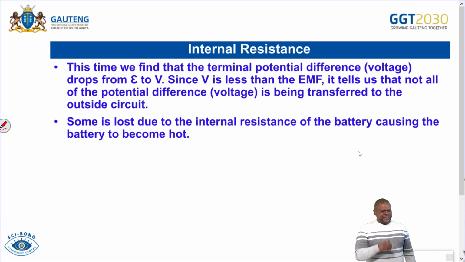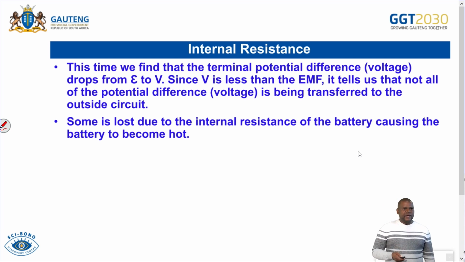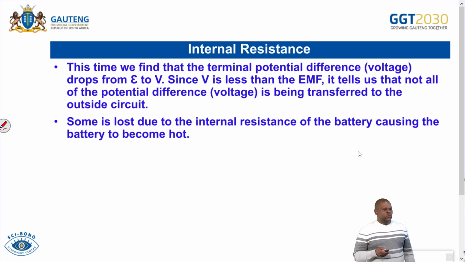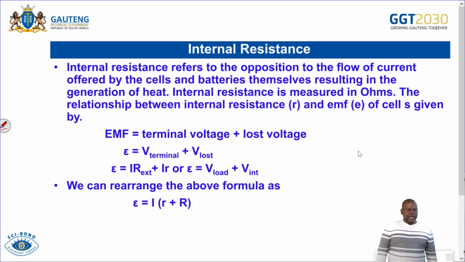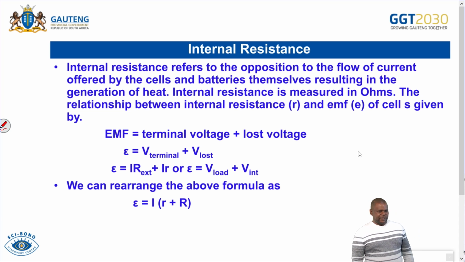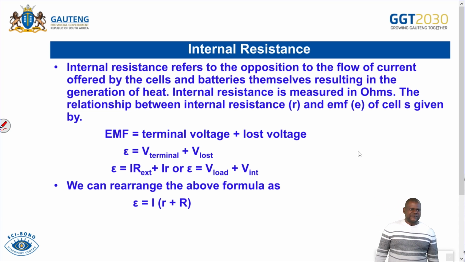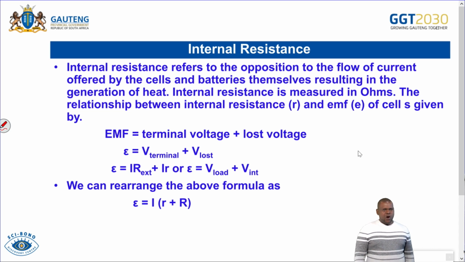That means the internal resistance in the battery has been working, and it causes the temperature to increase. Okay, we continue, grade 11. Internal resistance refers to the opposition to the flow of current offered by the cell and the battery themselves, resulting in the generation of heat.